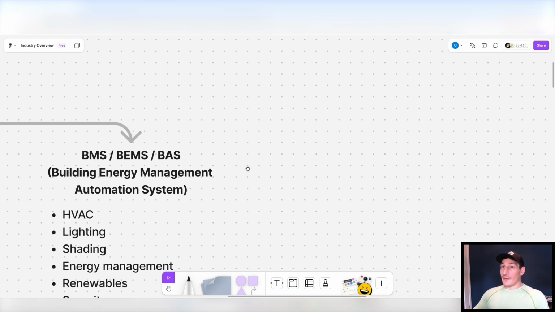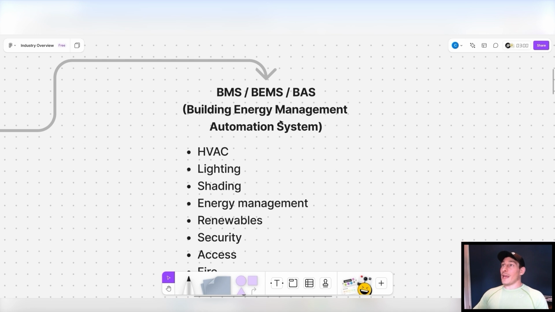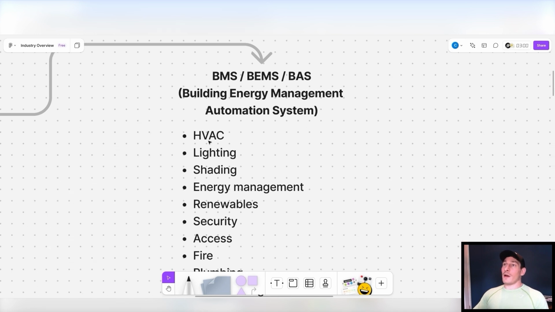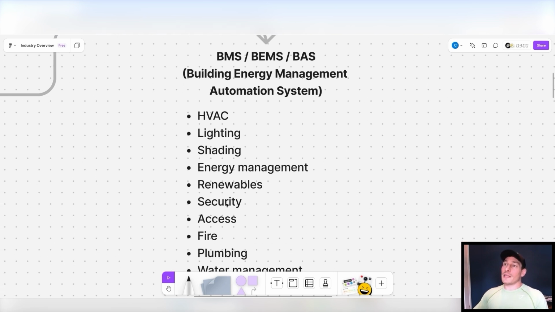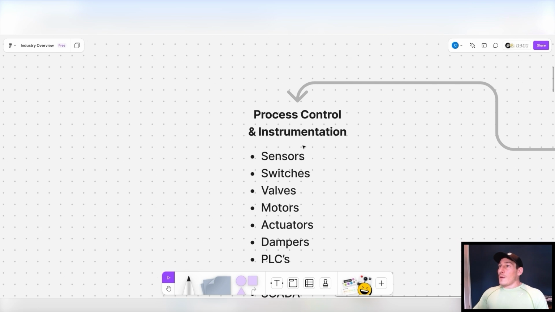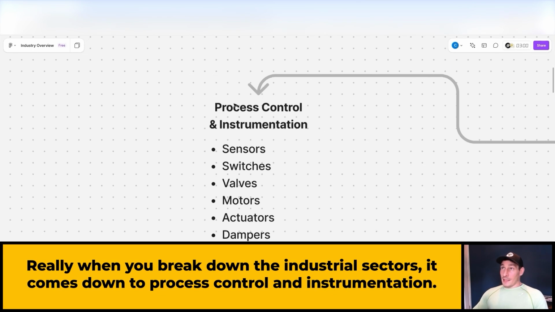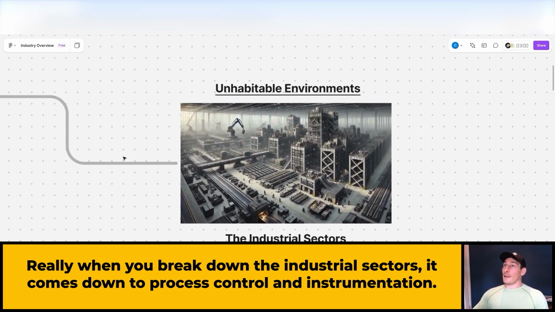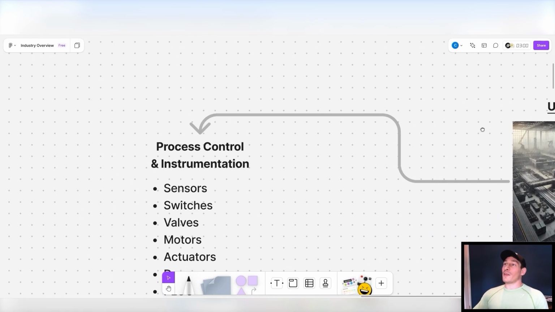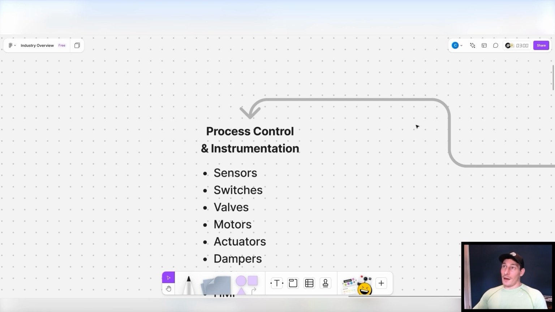Similarly to how BMS and building energy management and automation systems are defined, made up of all these subsystems, when you break down the industrial sectors, it comes down to process control and instrumentation. That's what defines unhabitable environments, because we're processing stuff, creating stuff, monitoring stuff, building things, basically.